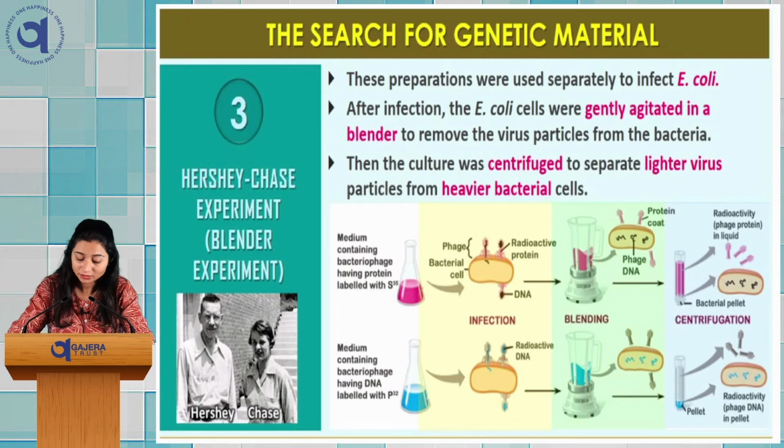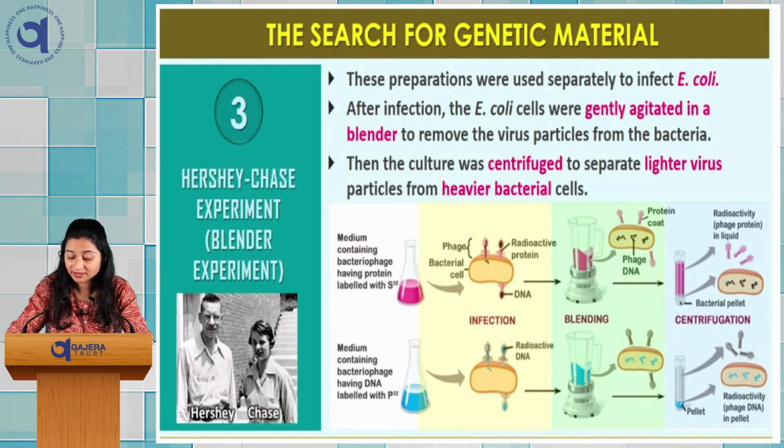What they found was that in the case of phosphorus, when it was taken as the inoculating medium, it was found in the DNA, and this DNA was found in the bacteria, and it was responsible for causing this disorder.